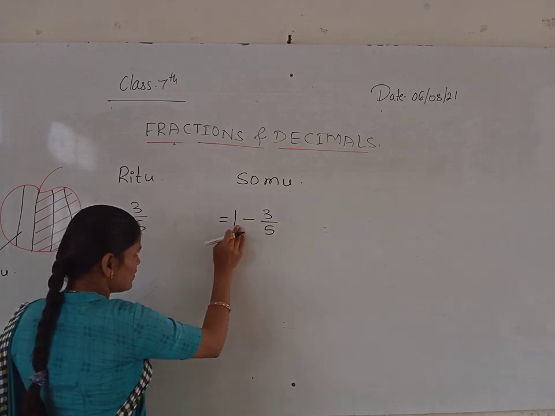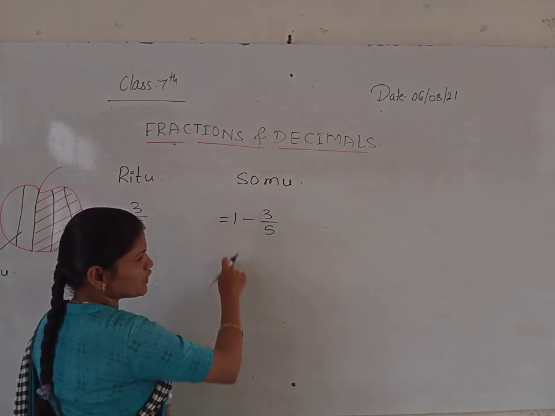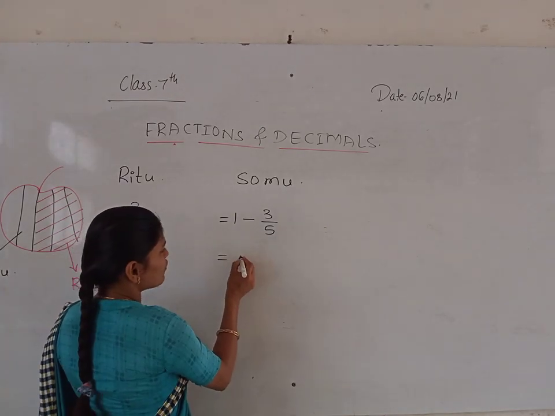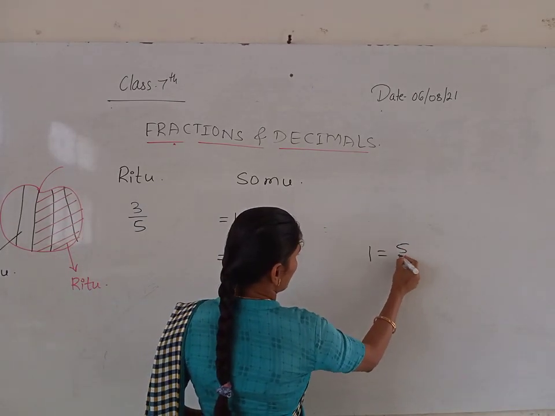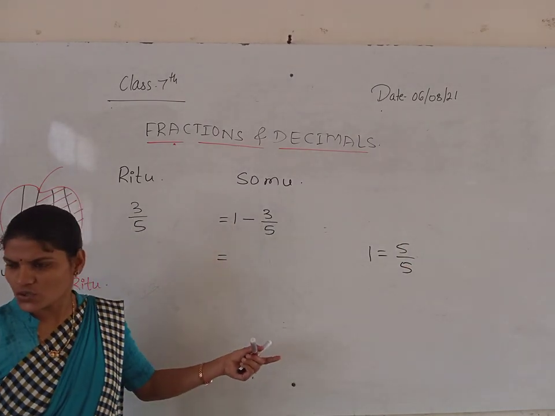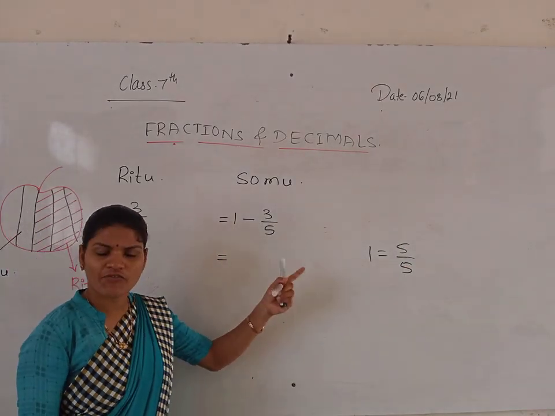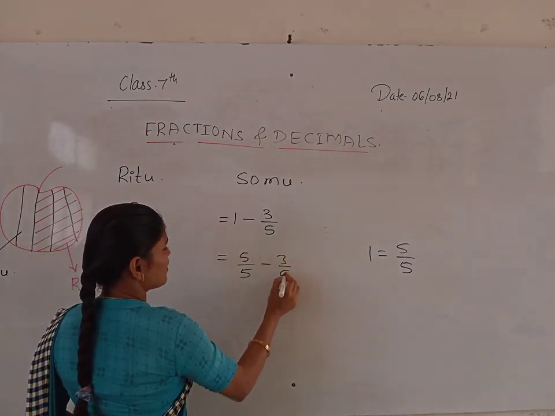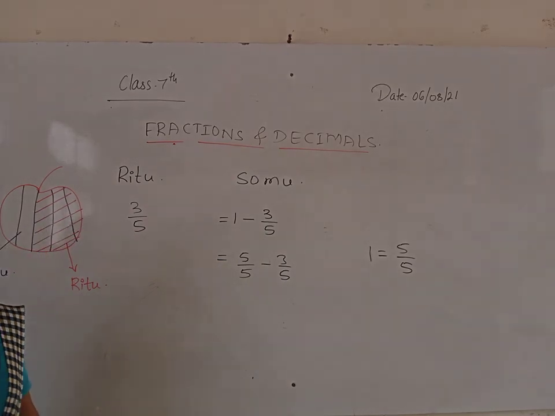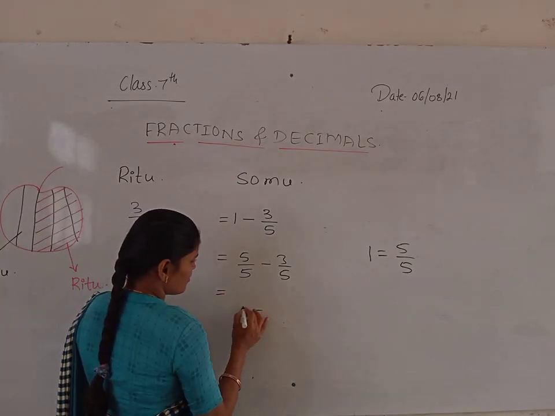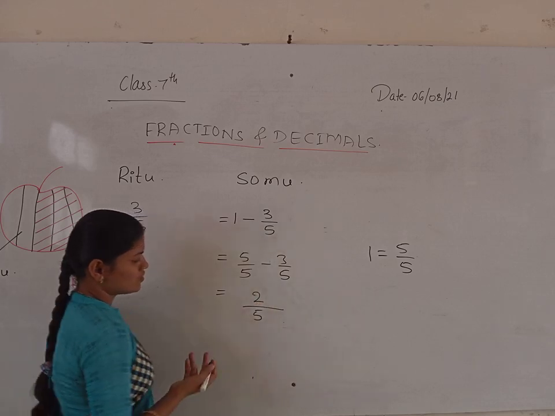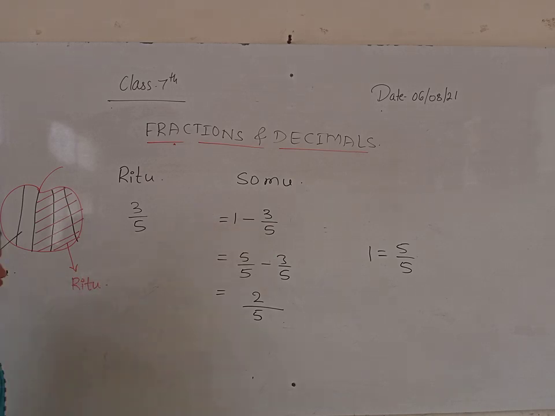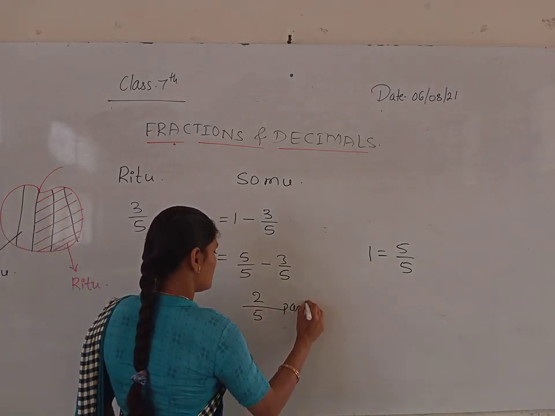You are dividing this whole apple into how many equal parts? 5 equal parts. Means shall I write 5/5 in place of 1? No issue. 5 divided by 5 is 1. So I will take here 5/5 minus 3/5. Yes, no problem. Now the denominators are the same, 5 here. 5 minus 3 is 2/5 part of the apple. That is Somu's share, 2/5 part of the apple.